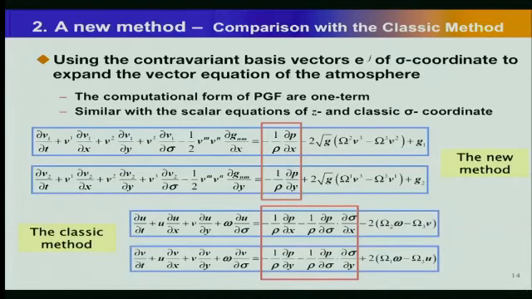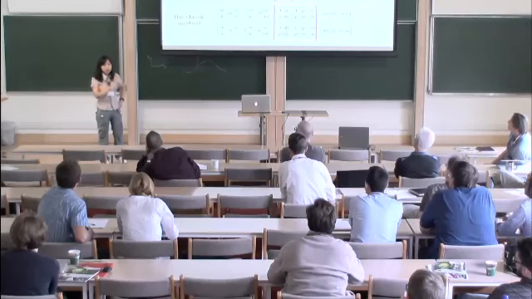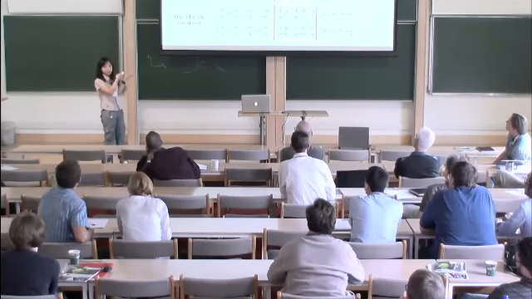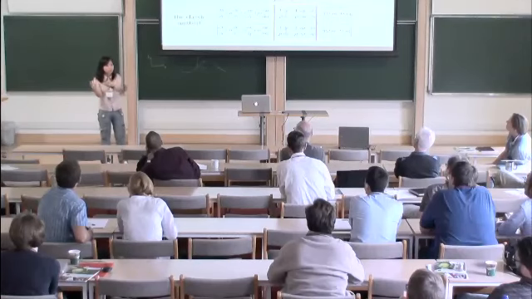When we use the new method, the coordinate is non-orthogonal, and so is our equation. So that is to say, we describe things totally in the sigma coordinate, but the classic method doesn't do this. So they have two parts.